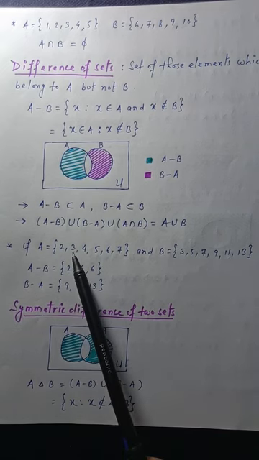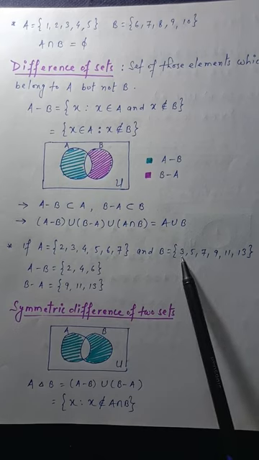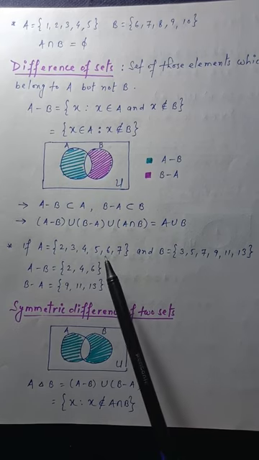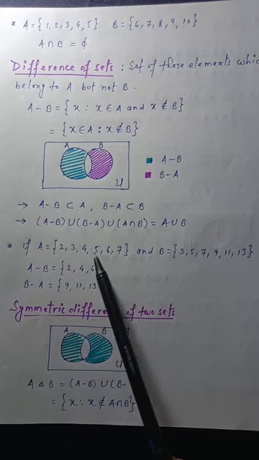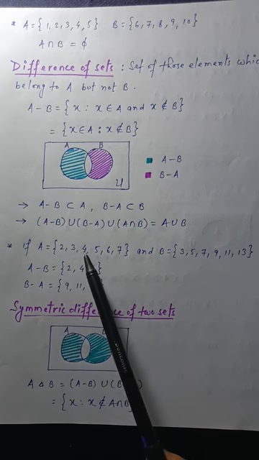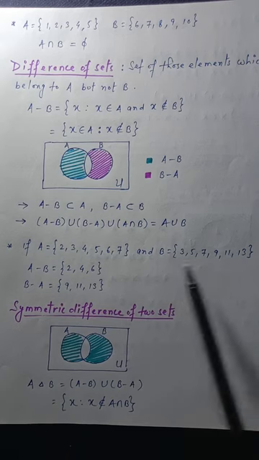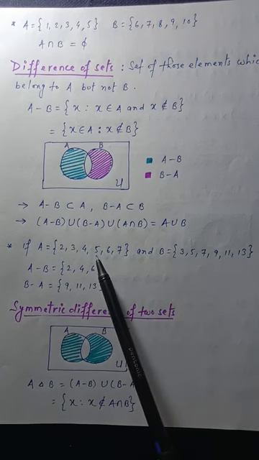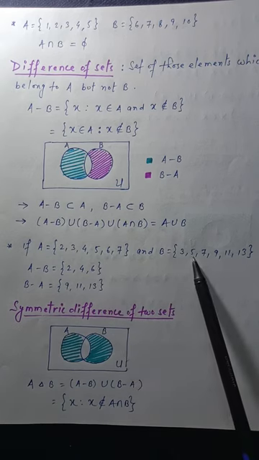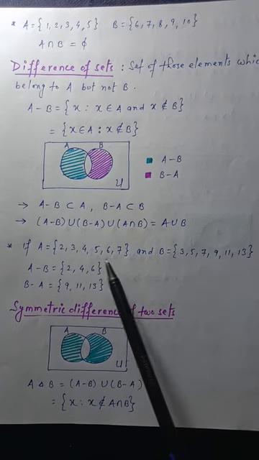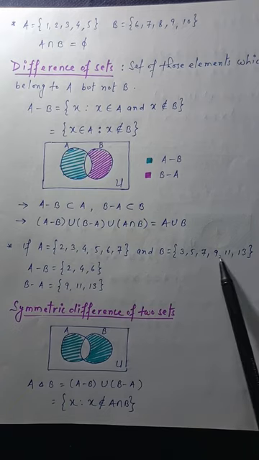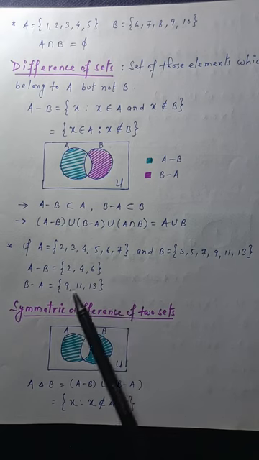This 3 is present here and this 3 is here, so we will not take it, because we take those elements which are present in A but not in B. This 4 is present in A but not present in B. This 5 is present in A and also present in B, so we will leave it. The 6 is here but not here. So this is A minus B.